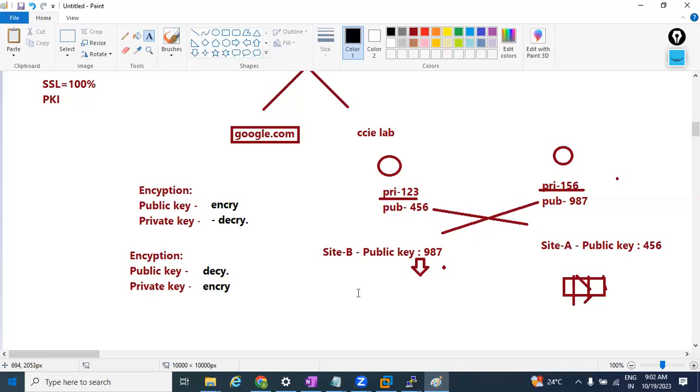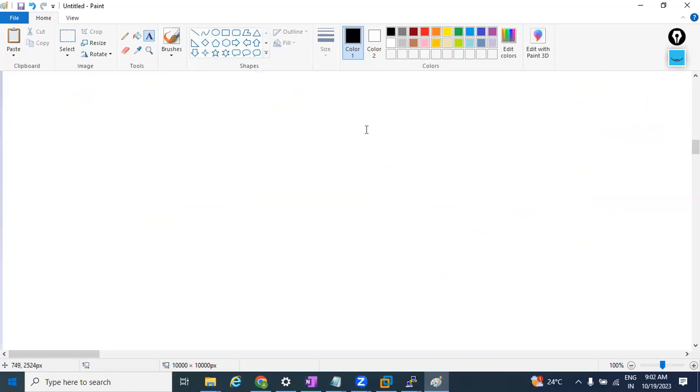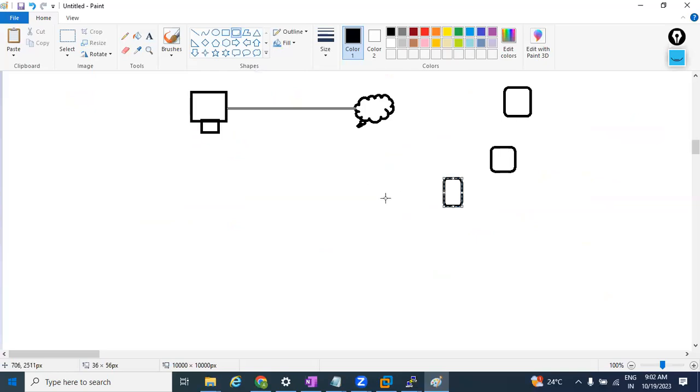Clear? Let's start. So now, for example, this is my PC, my laptop. I'm connected with the internet, and on the internet, multiple servers are there. Multiple servers like Facebook server, Insta server, LinkedIn server, Zoom server, and everybody is connected with what?